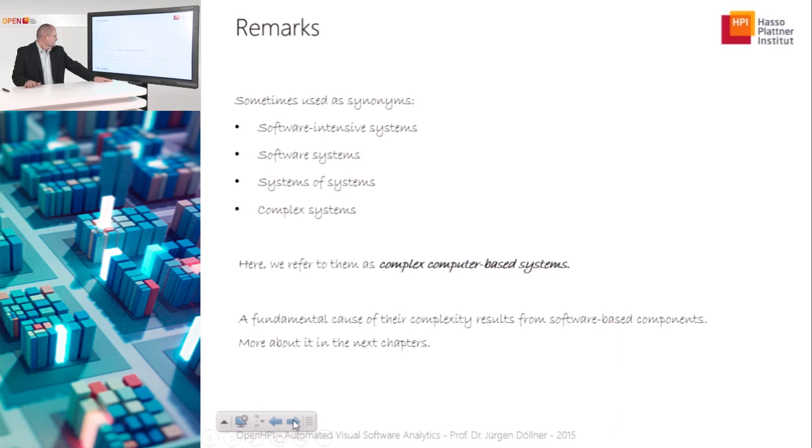And also I would like to repeat that the fundamental cause of complexity of these systems results from the software. Hardware, in a sense, can be handled by clearly defined and systematic engineering procedures. Also, it's a big challenge to produce faster and faster and cheaper hardware, but in a way, the hardware process can take advantage of existing engineering principles.